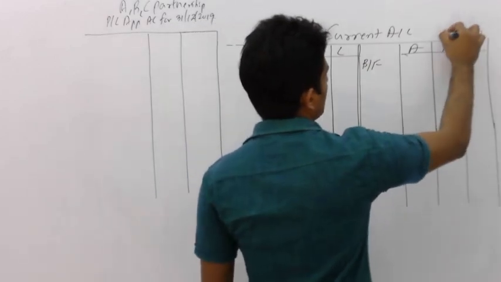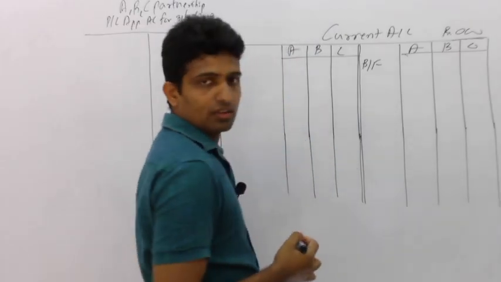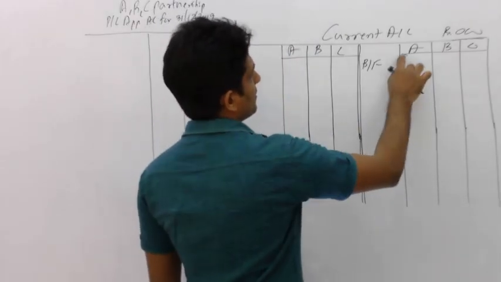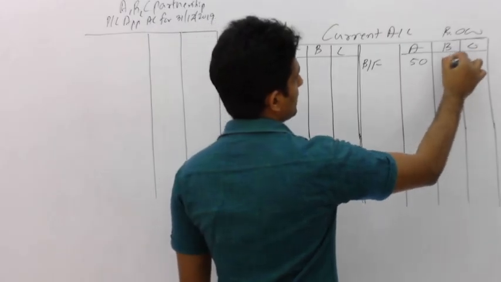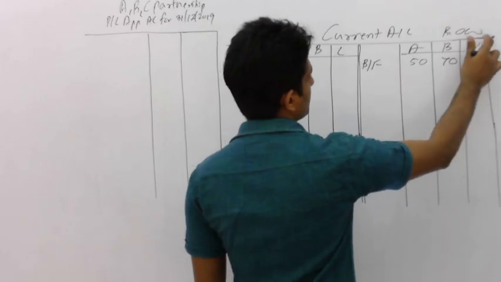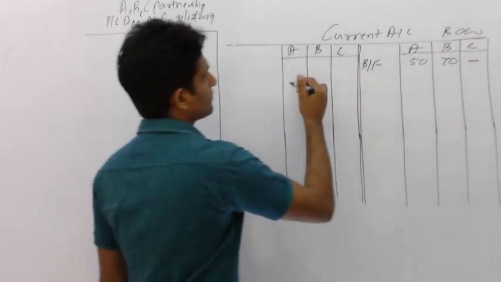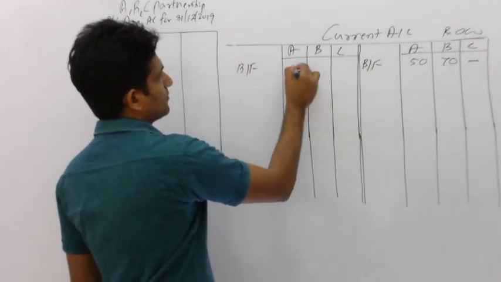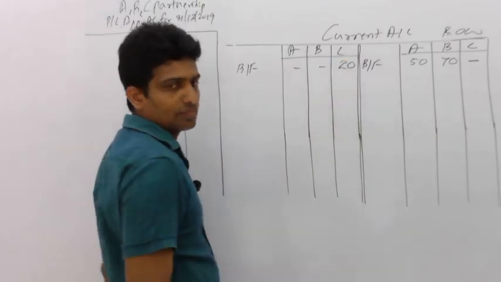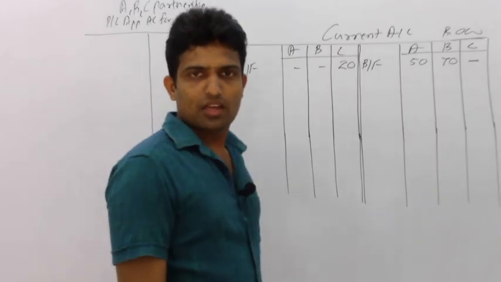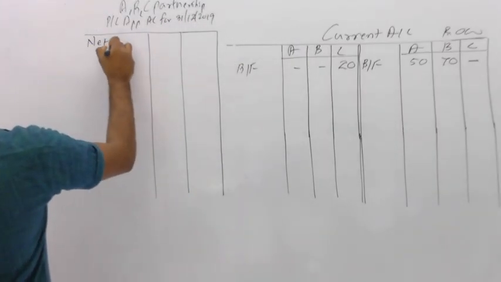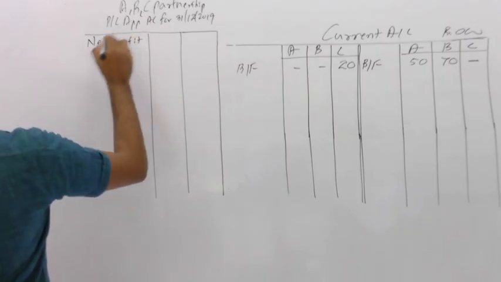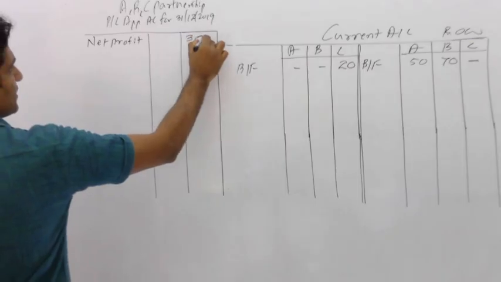In their current accounts, A has a 50,000 balance. Let's say B has a 70,000 balance, but C has a debit balance of 20,000. And assume net profit for the year is 300,000.